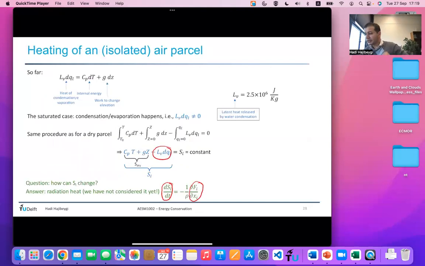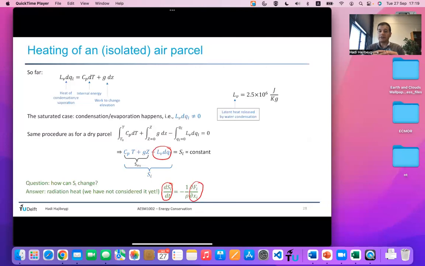That's pretty much all of it about energy conservation in the atmospheric science related topics, where we understand that the change of internal energy would be equal to the heat added to the system plus the dW, the work done on the system. And then for the specific case of an isolated adiabatic parcel of air, we wrote the energy conservation.